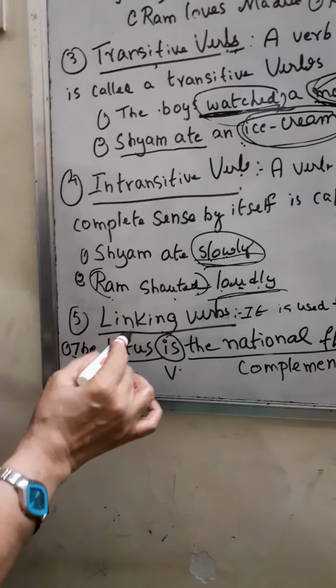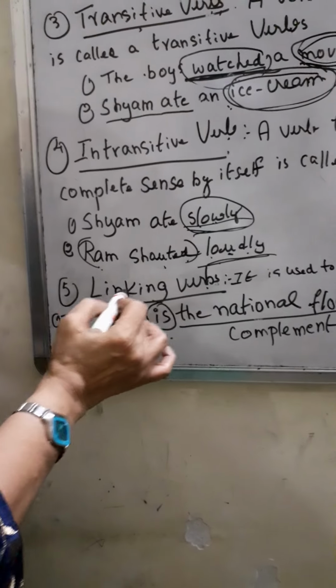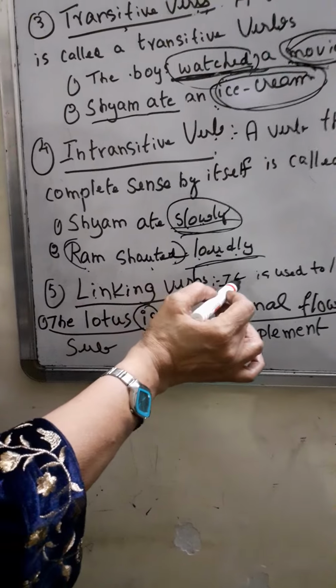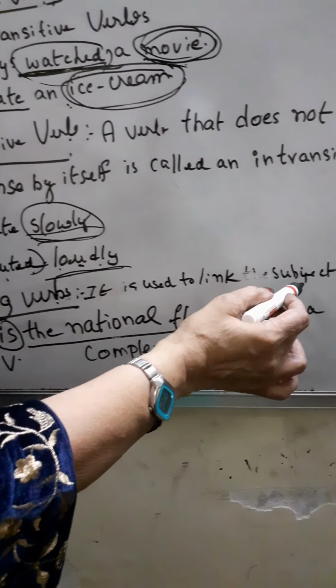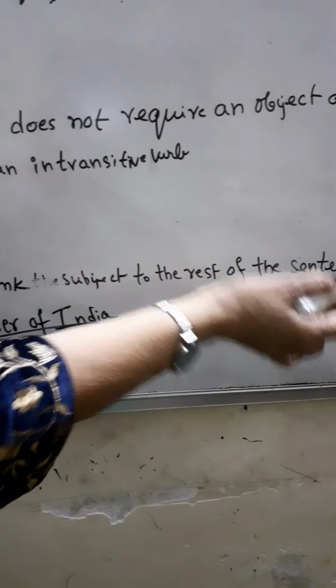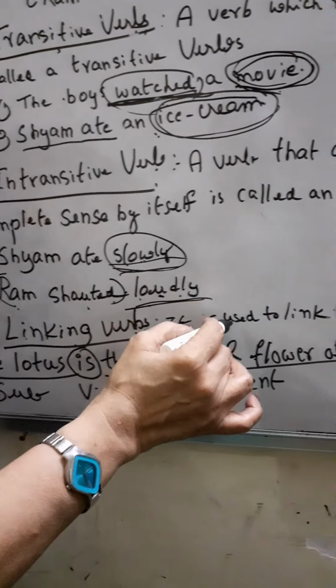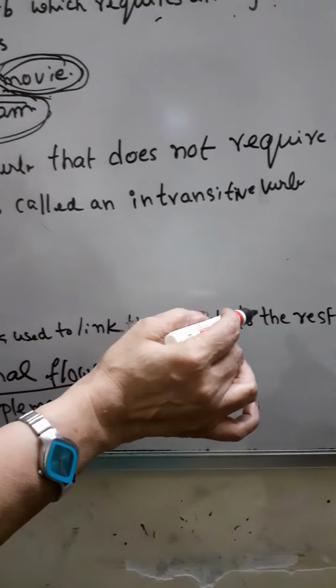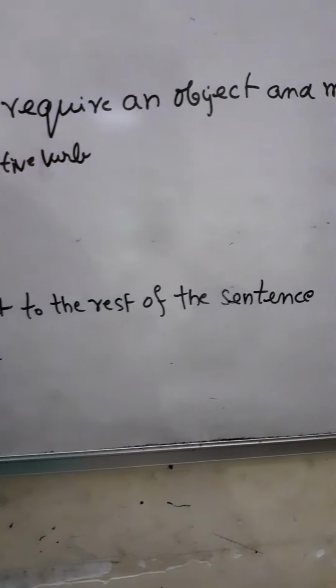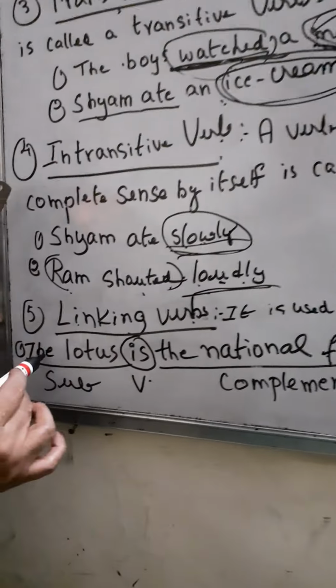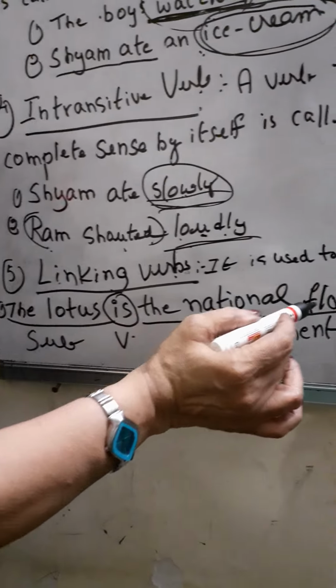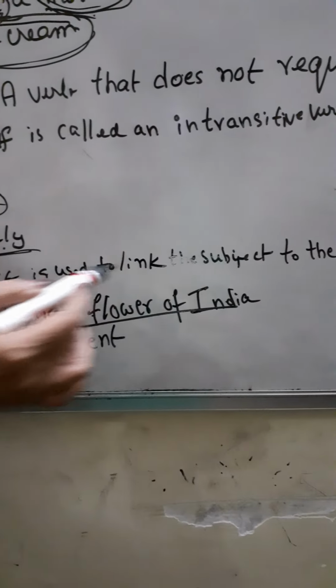Now next one is linking verb. It is used to link the subject to the rest of the sentence. For example, now see, the lotus is the national flower of India.